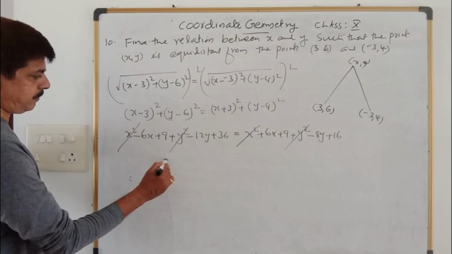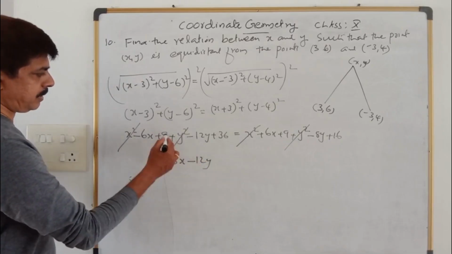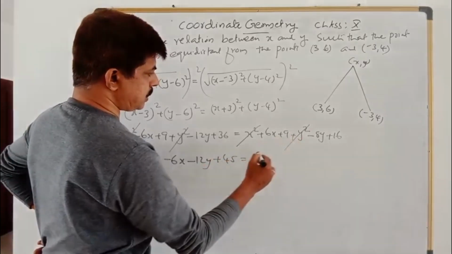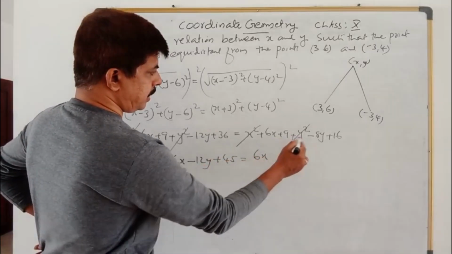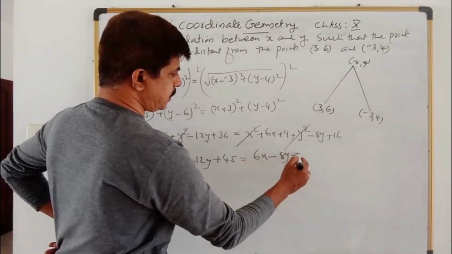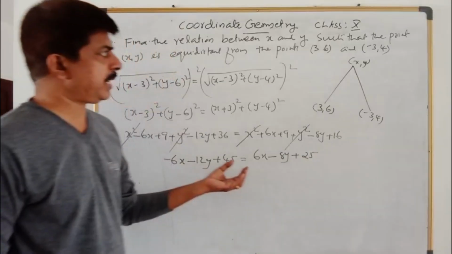So here we have left minus 6x minus 12y, 9 and 36 make 45. Here also we add the constants, 9 and 16 make 25.